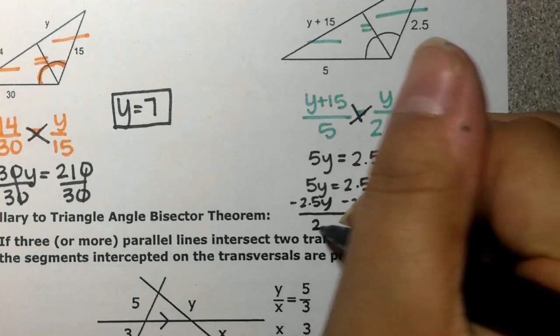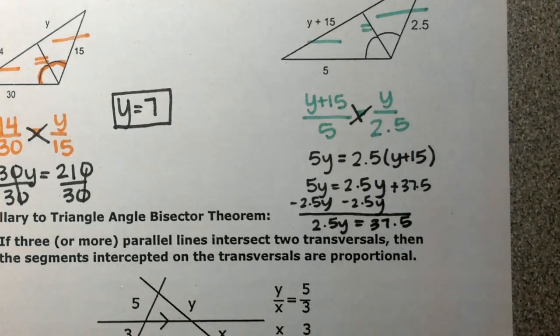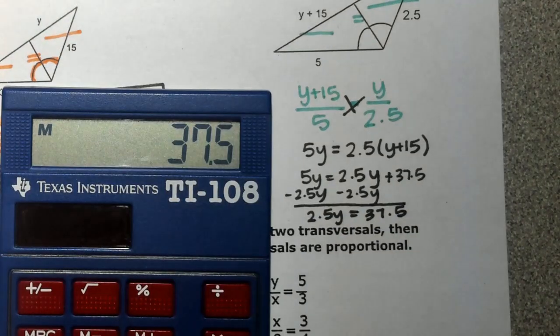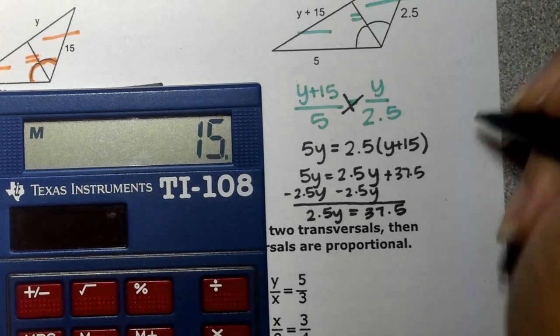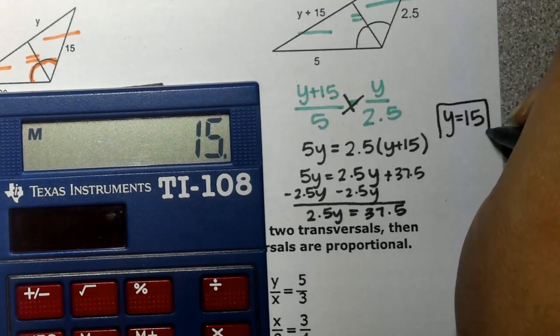And that's going to give me 2.5y equals 37.5. What do I do? And when I divide by 2.5, I get 15.